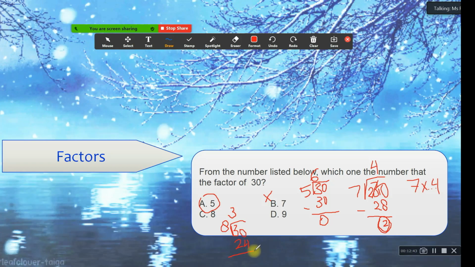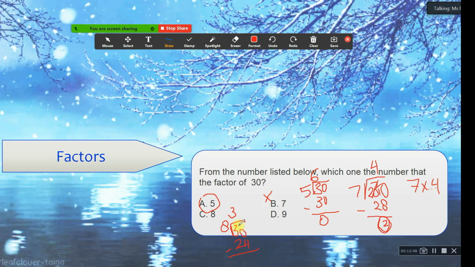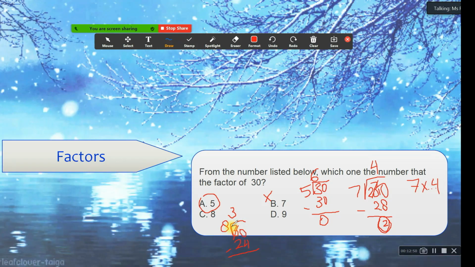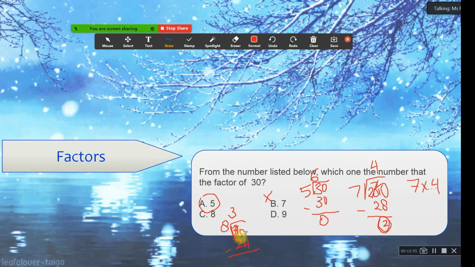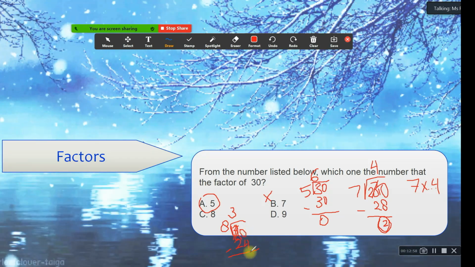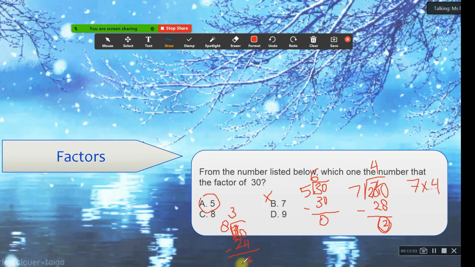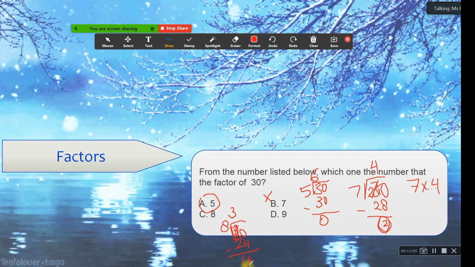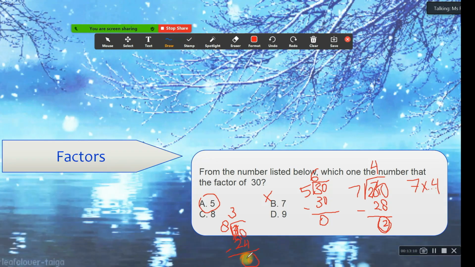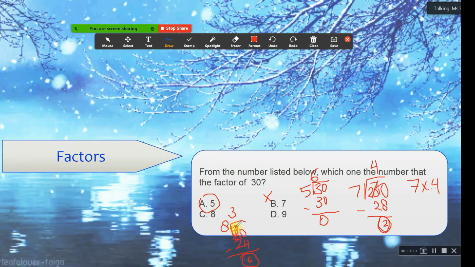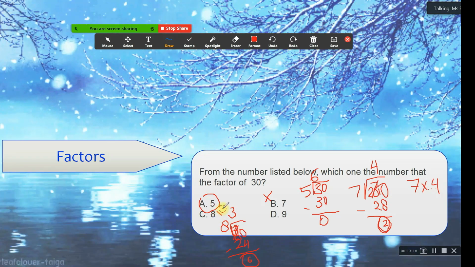We can minus. 0 minus 4 cannot, so we borrow from 3. 3 becomes 2, and then 0 becomes 10. 10 minus 4 becomes 6. And then 2 minus 2 becomes 0. Look at this, 6. So there is a remainder. So 8 is not a factor of 30.